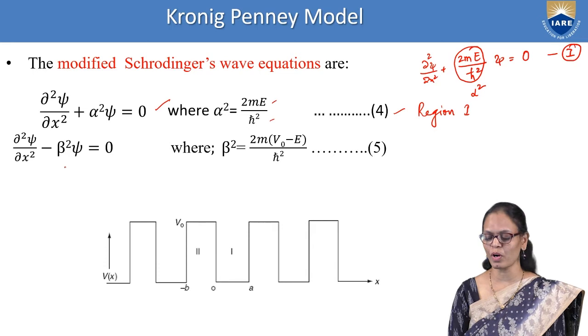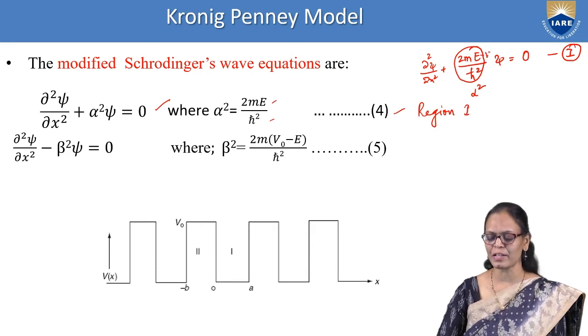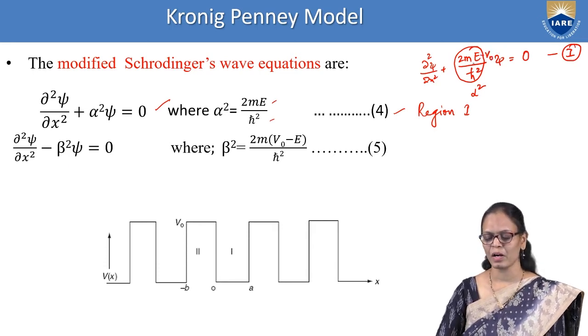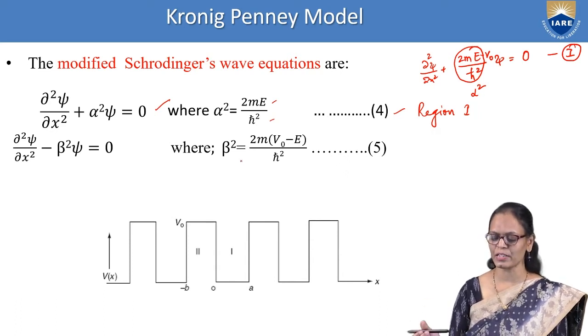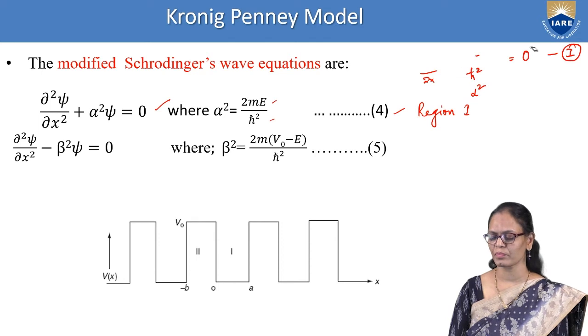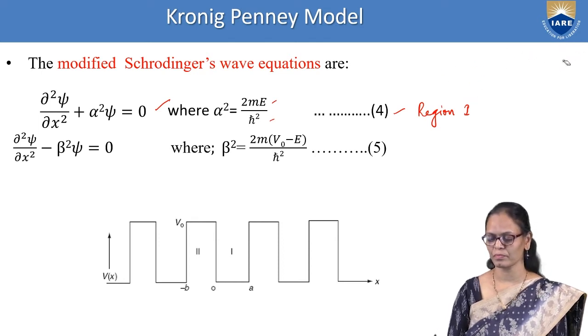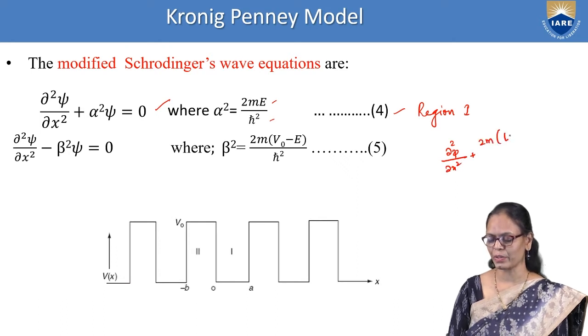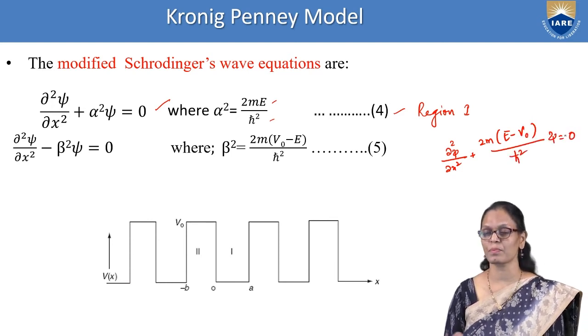Now in the second one, what we had was E minus V naught. So what we are going to substitute here is, if I write the expression for region 2, dou square psi by dou x square plus 2m into E minus V naught by h cross square into psi is equal to 0.